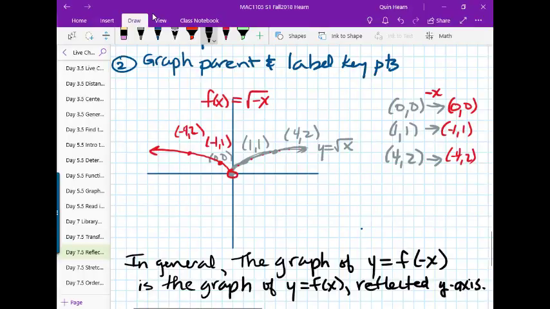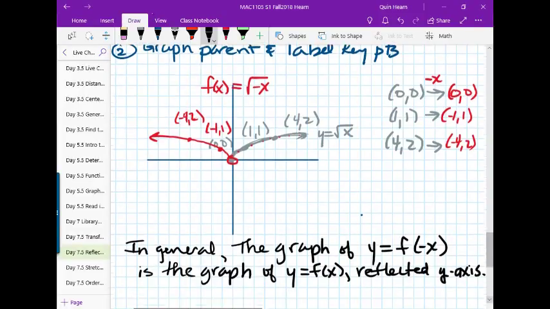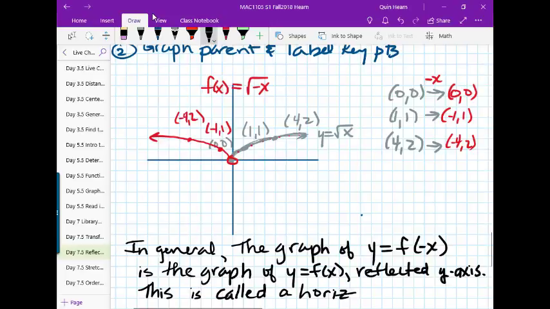And this is called a horizontal reflection. So yes, to answer your question, this is the horizontal reflection. Okay, that's when the negation is inside the function.